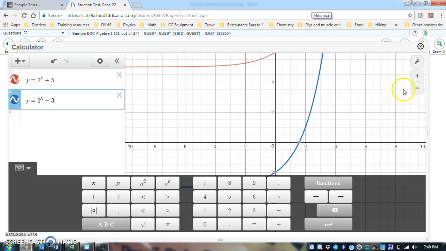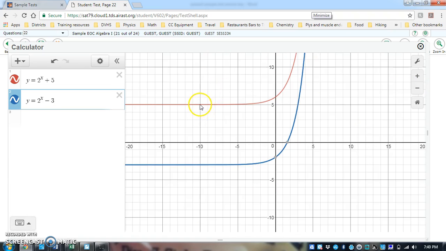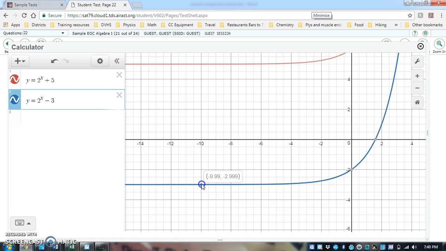If I look at this, we're basically reaching close to 5 here. Here we're reaching close to negative 3. That's a transformation down 1, 2, 3, 4, 5, 6, 7, and 8.